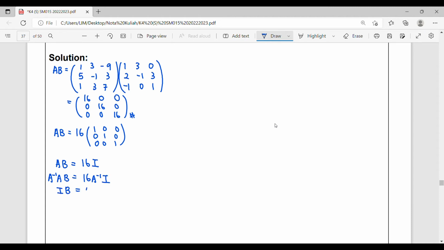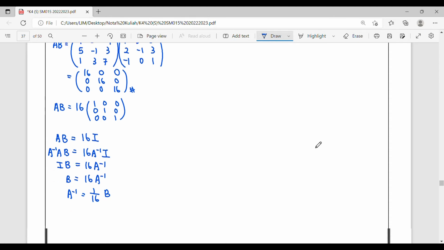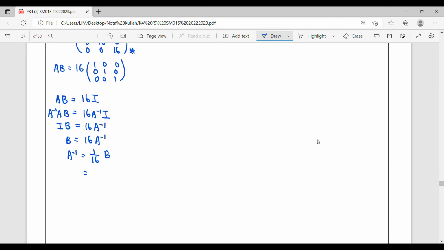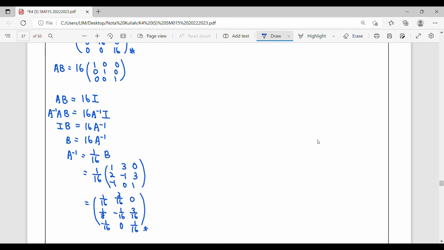And whatever matrix times identity will give us back that matrix, which is A inverse, like identity times matrix B will give back B. So finally, we can obtain that A inverse is equal to 1 over 16 times B. So we insert our matrix B here and we perform this multiplication. So this result will be our inverse matrix of A.